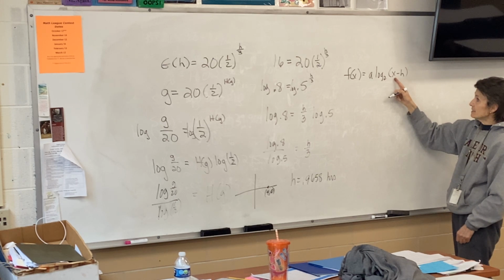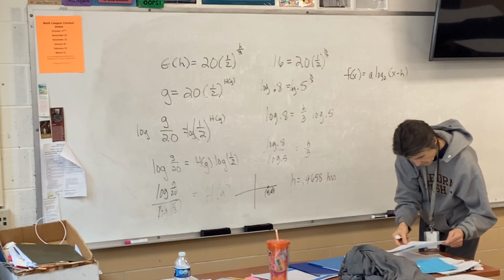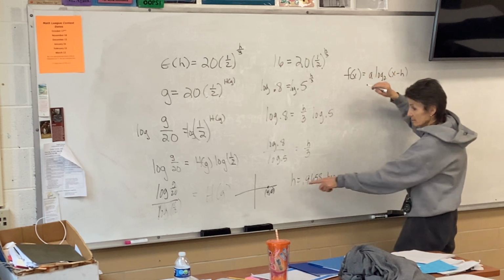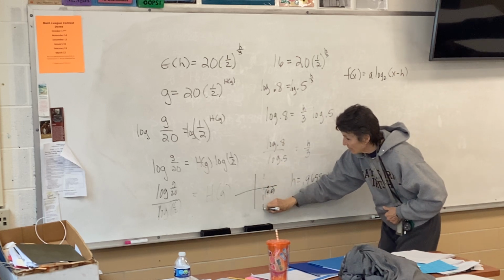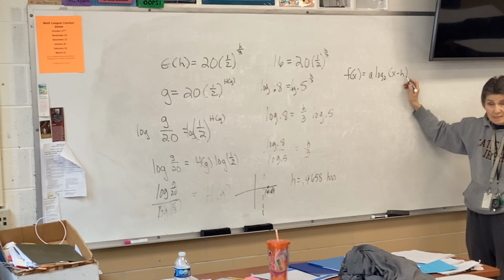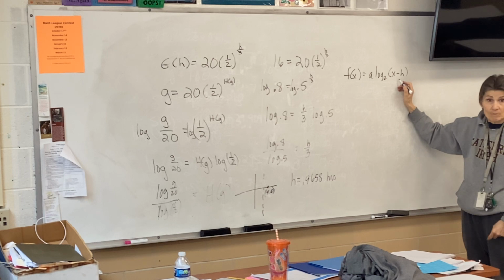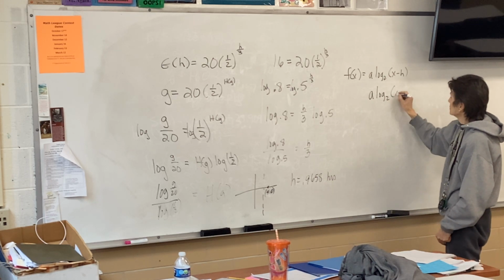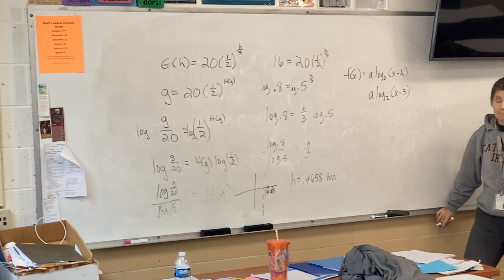So when I look at my equation here, I need to get 4 as my intercept, then my asymptote has to be at 3, because 4 minus 3 gives me 1, and the log of that would be 0. So I know that my H value, my horizontal shift, is 3.